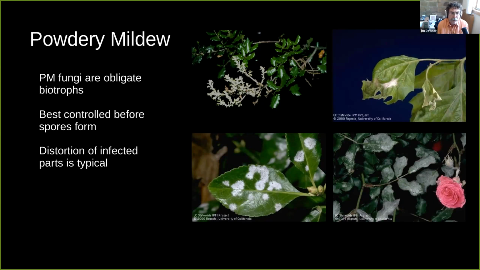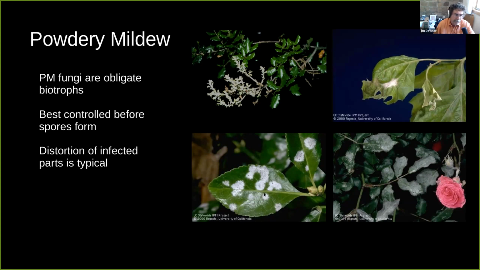And I show some extreme examples here. The brooming here in coast live oak, causing hypertrophy and hyperplasia, overproduction of shoots, and stunting of the leaves, and it's completely covered in spores. The distortion on sycamore here, twisting and folding this leaf, it can't develop.